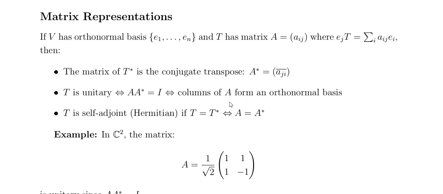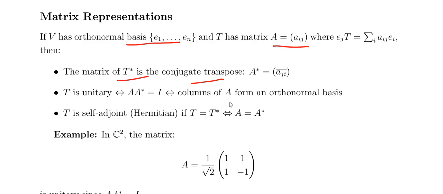And the matrix representation: V has an orthonormal basis E1, E2, En. T has a matrix A equal to Aij where EjT equal to summation Aij Ei. Then the matrix T star is the conjugate transpose, that is the transpose of the conjugate matrix, that is called A star equal to Aji bar.